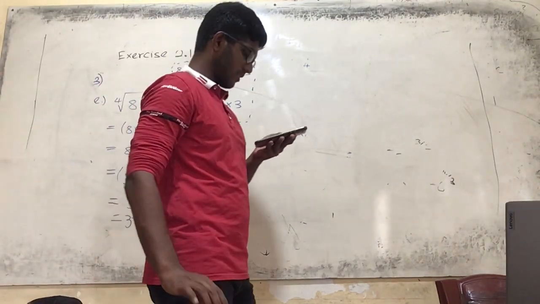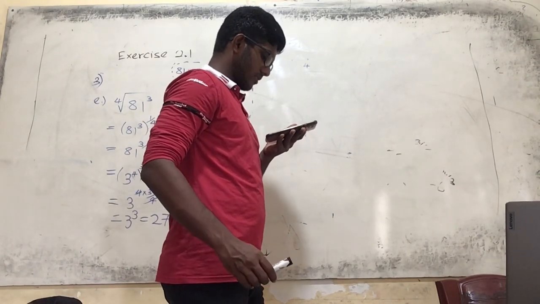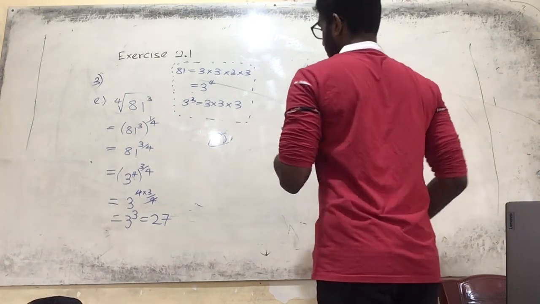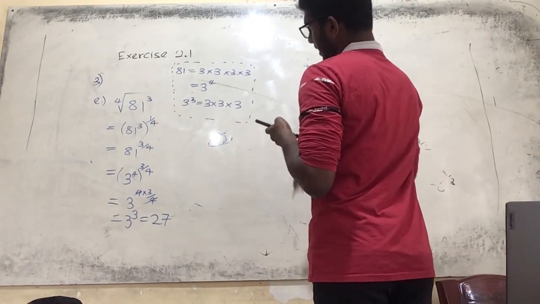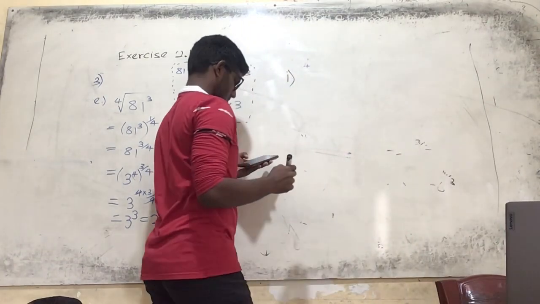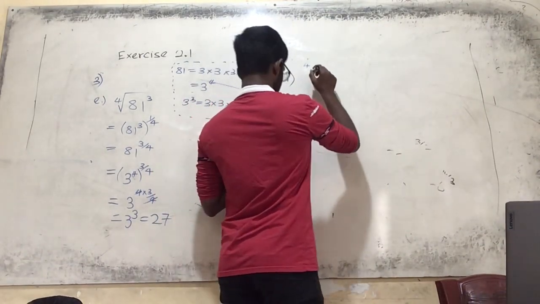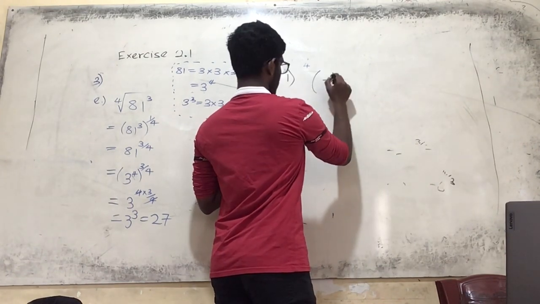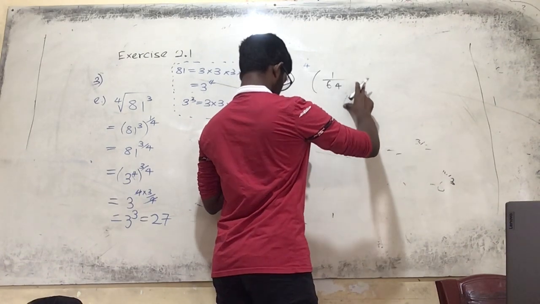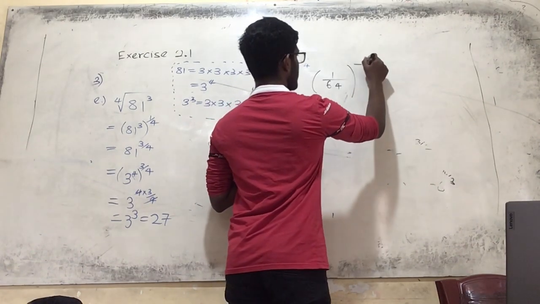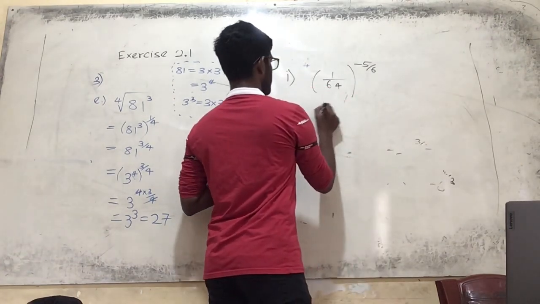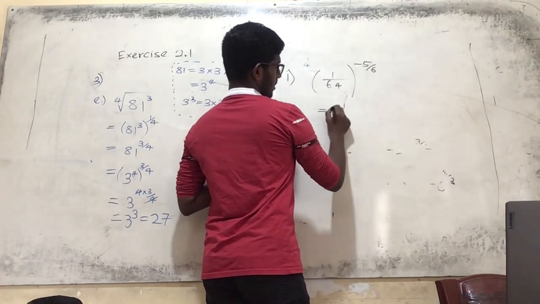Let's take another example. I will take I. So we have 1 over 64 power minus 5 over 6.